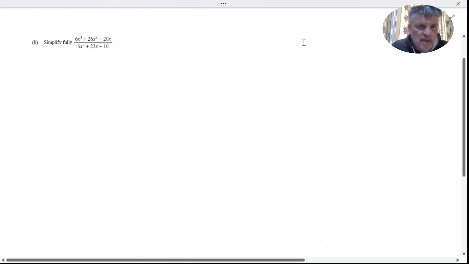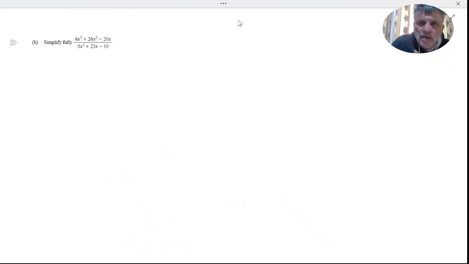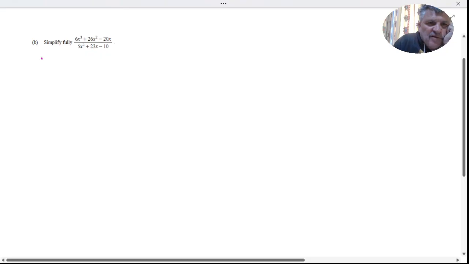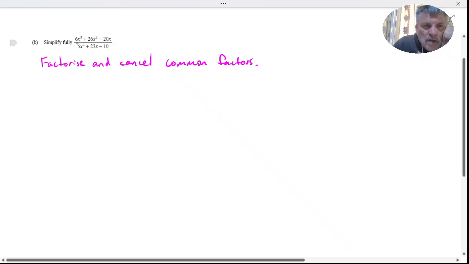Question B. Simplify fully. In practice, what this means is factorize both the top and the bottom, numerator and denominator, and cancel common factors. So immediately we can see in the numerator there's a factor of x, so I'm going to take that out. But there's also a factor of 2 in the numerator.